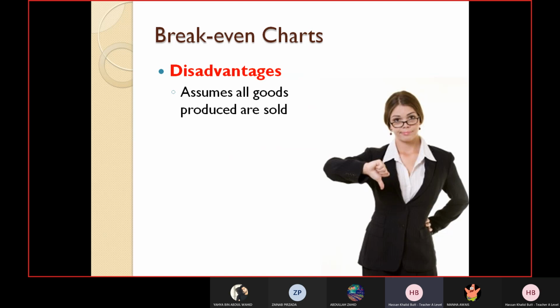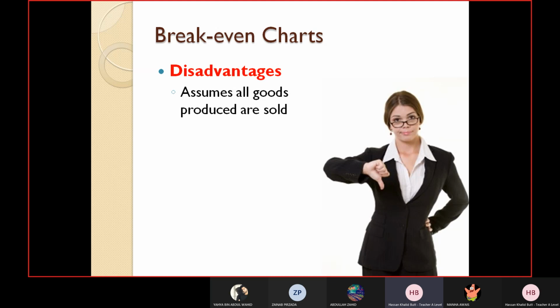Inventory is stock, right? The old name of inventory is stock. But in break-even chart or break-even analysis, they assume that whatever is produced is sold in the market. This is not the case. Sometimes you produce in a year but you are not able to sell all of it, so you make it your closing inventory at the end of the year, and then it becomes the opening inventory in the next year.